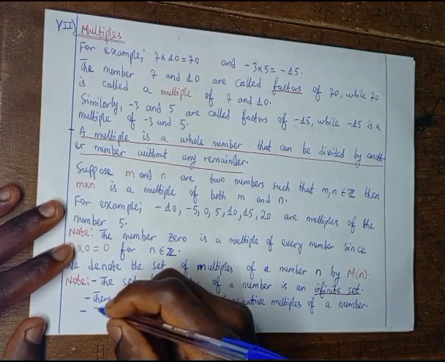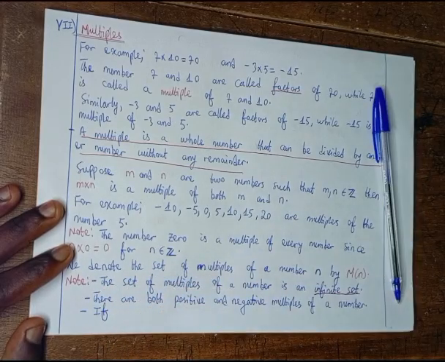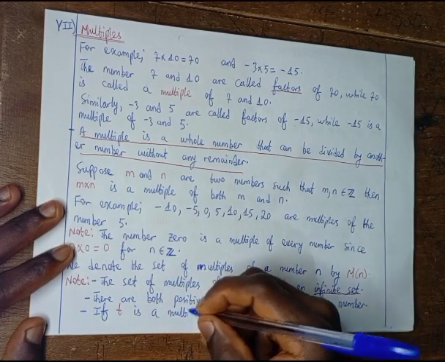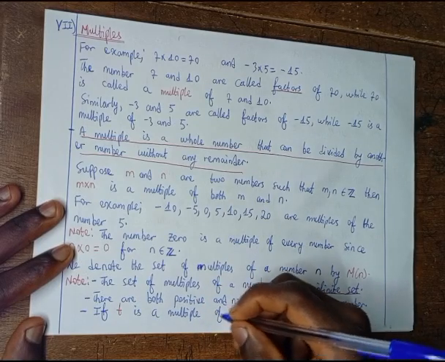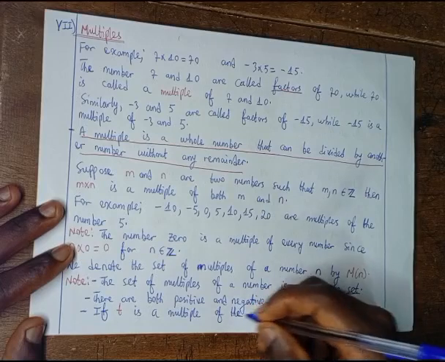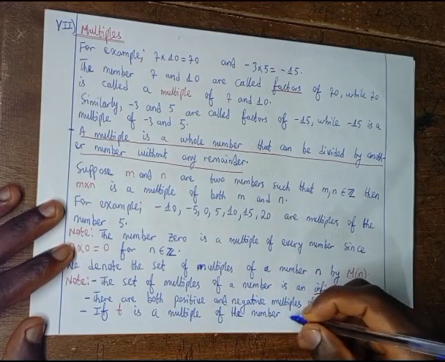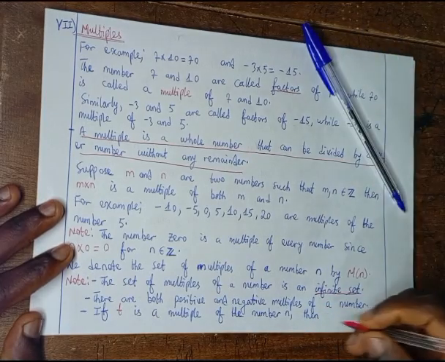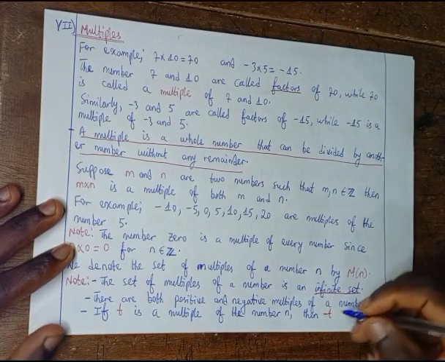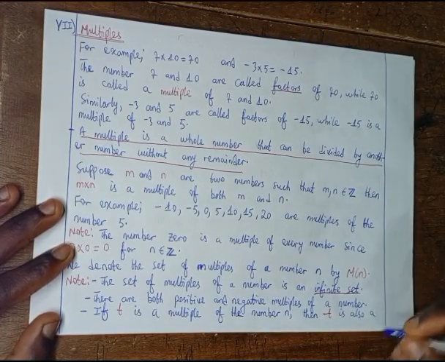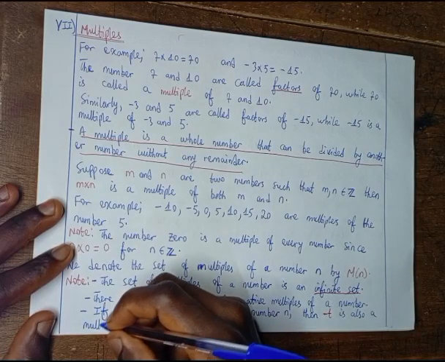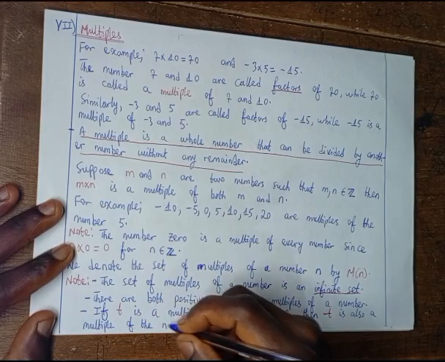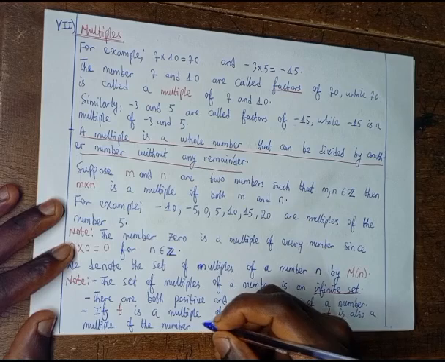The next hyphen, if t is a multiple of the number n, then negative t is also a multiple of the number n.